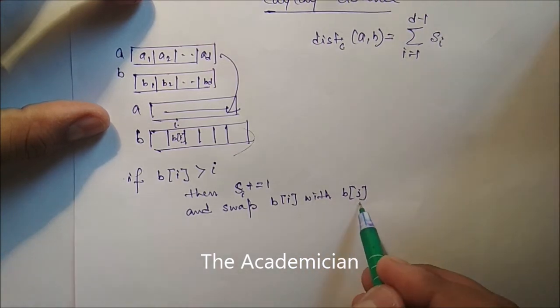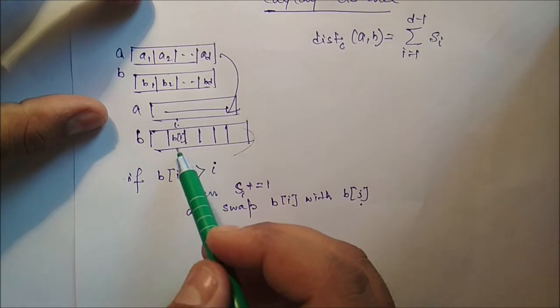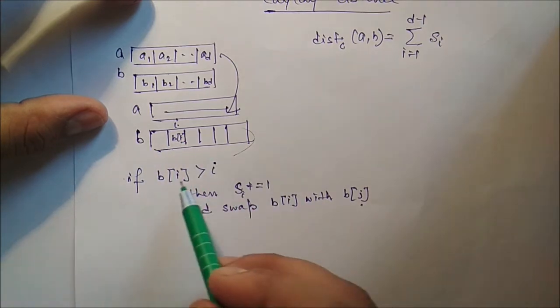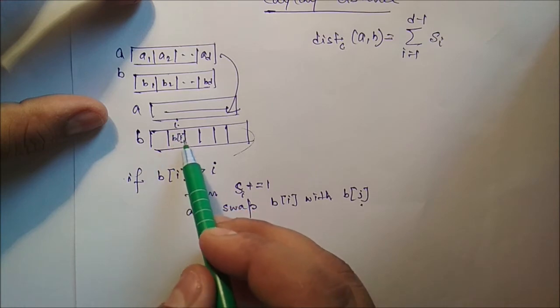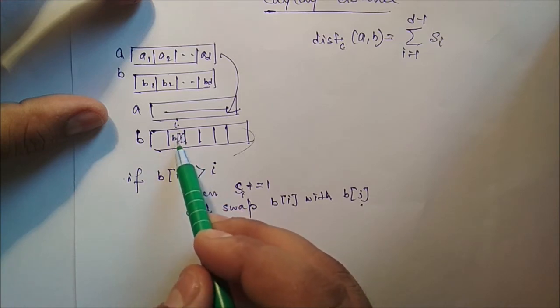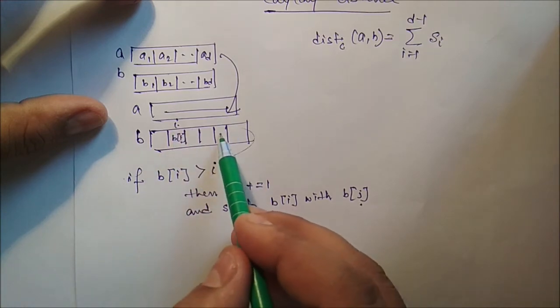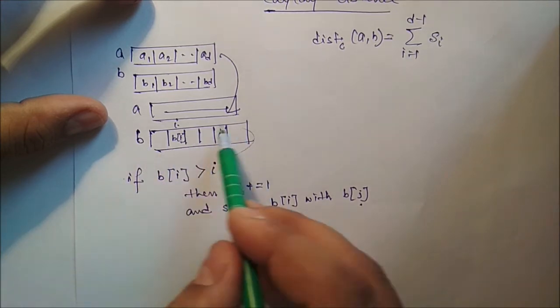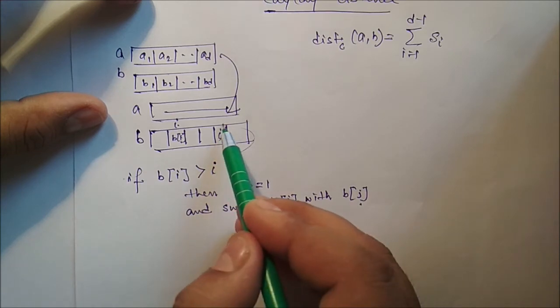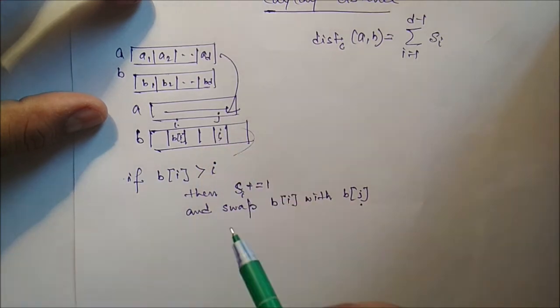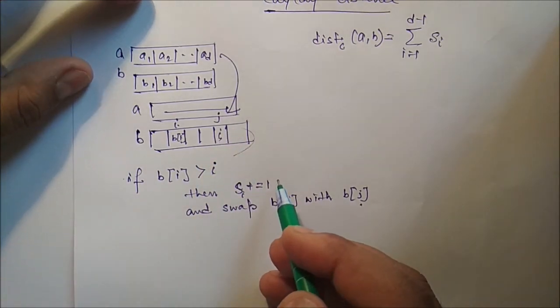Question is what is J? Okay, now if BI is greater than I, if this value is greater than I, that means these two are not same. That means I value is somewhere else here, say somewhere in this particular data. Say if it is I here, then corresponding index will be the J. Are you getting this one?